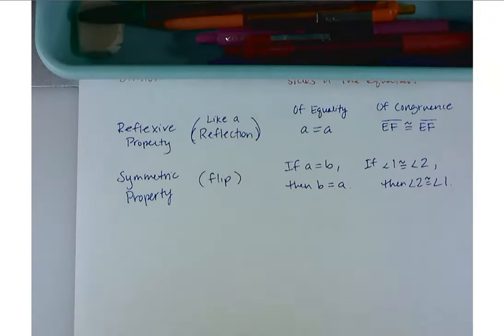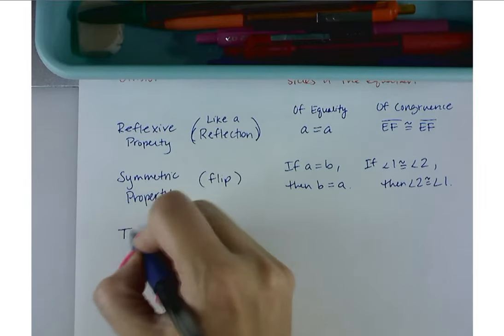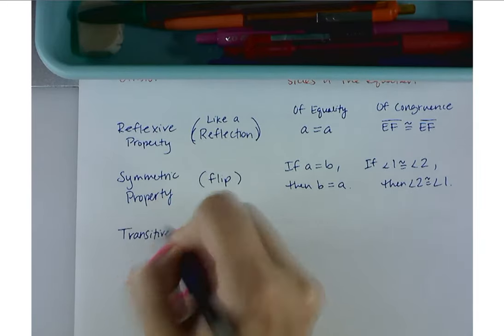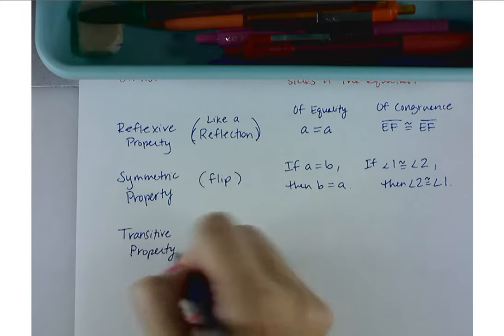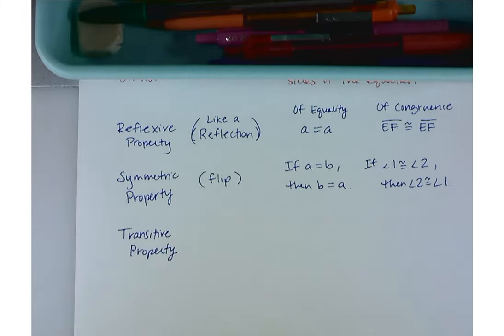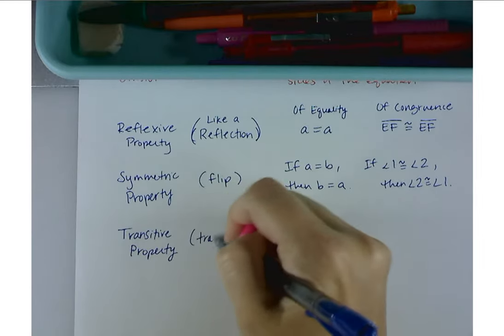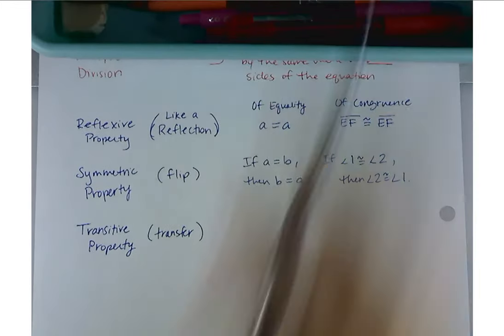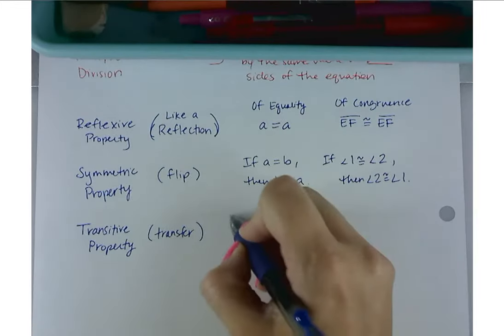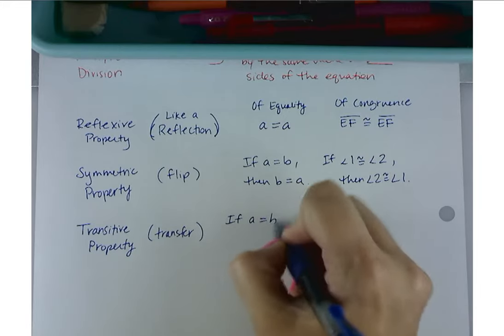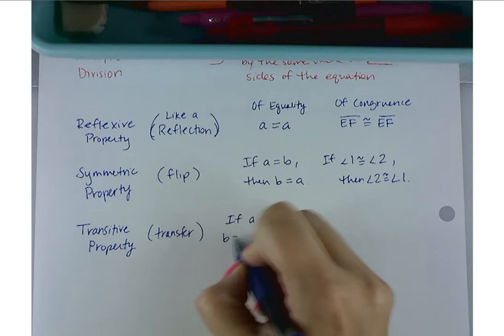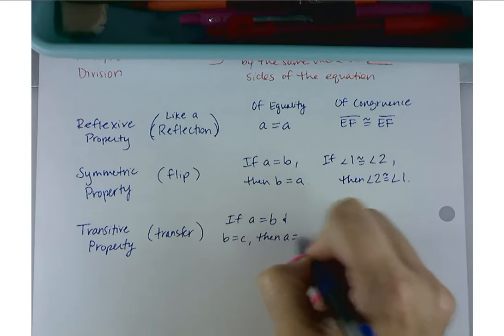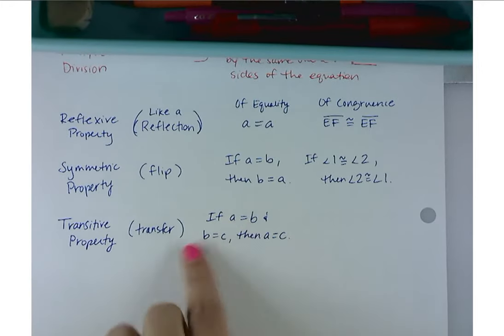And then the last one is called the transitive property. And the transitive property is like a transfer. So there's going to be 3 different variables here. And this says if A equals B and B equals C, then A equals C. Okay, so if A is equal to B, but B is equal to C, then A and C are also going to be equal.